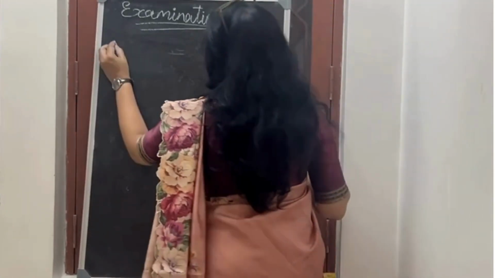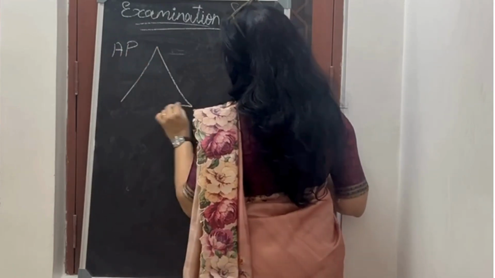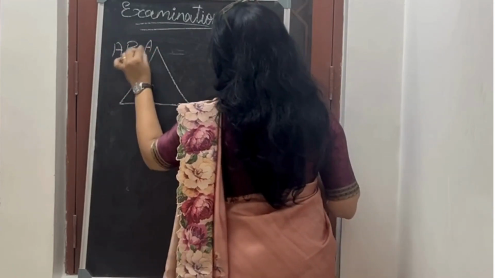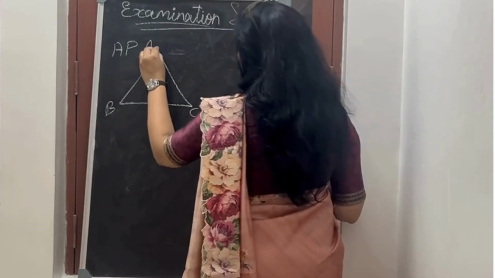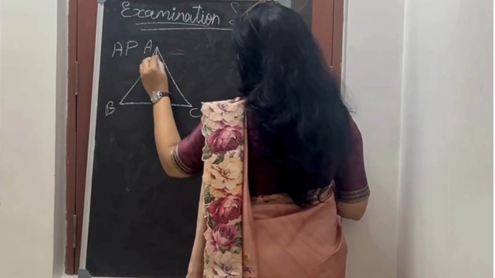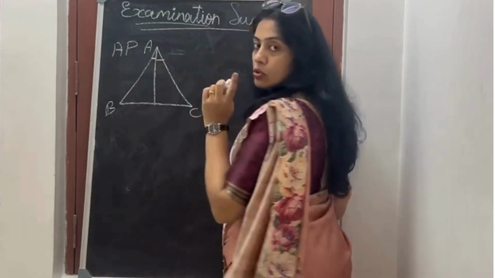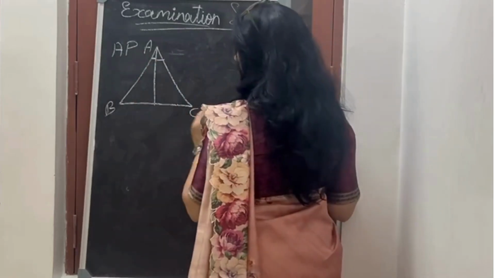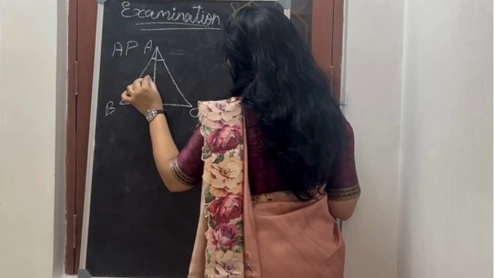Okay? AP bisects angle BAC. So I am drawing a triangle ABC. It says AP is a line which bisects angle BAC. When it says bisects, these two angles are equal to each other. Then it says M is a point on AP.